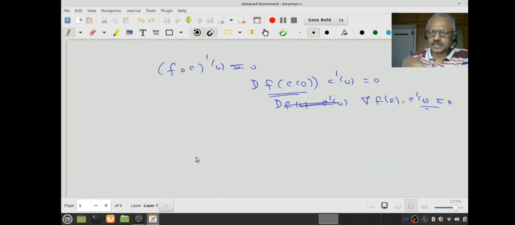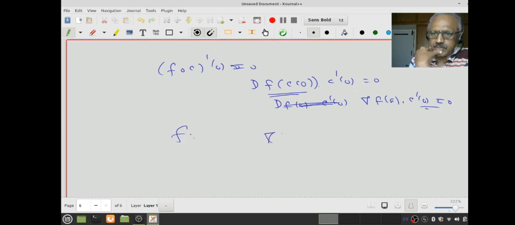So what I have found is this is f, F is a function. Therefore, I have found the gradient of f at A is perpendicular to C prime 0. This is a tangent vector.